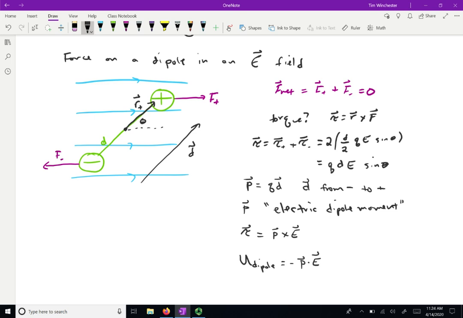And so this is actually the way that a microwave oven works. By making electric fields that are rapidly changing, it causes the polar water molecules in your food to oscillate back and forth as they keep trying to align with the field, and that increases their energy and causes the food to heat up.